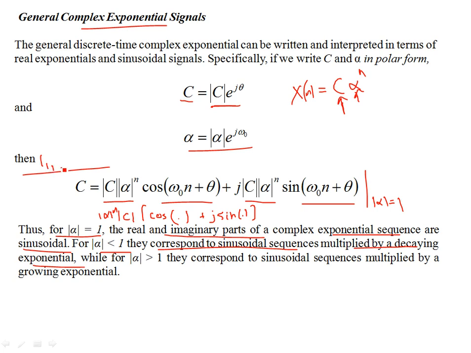Again, the signs are going to be alternating, depending on the sign of alpha as well. While for alpha greater than 1, they correspond to the sinusoidal sequence being multiplied by a growing exponential.